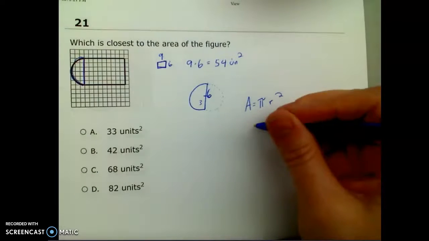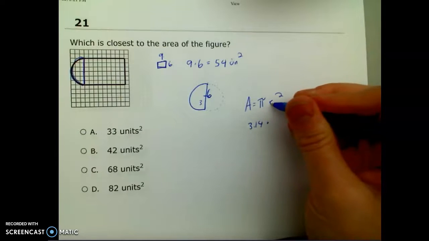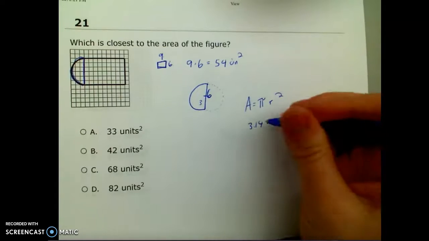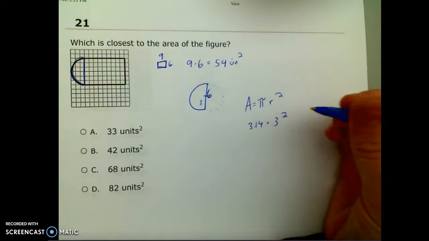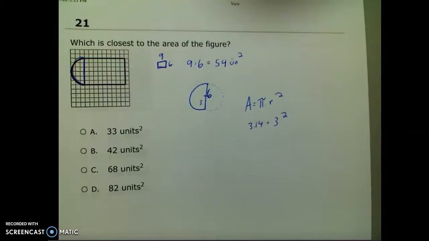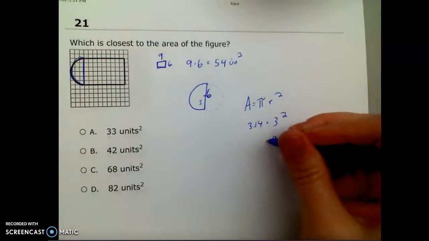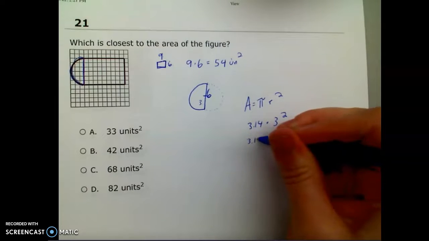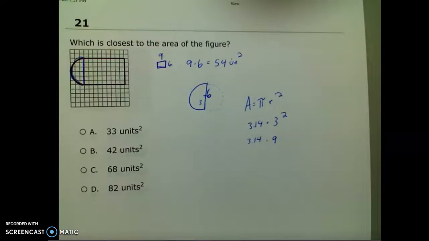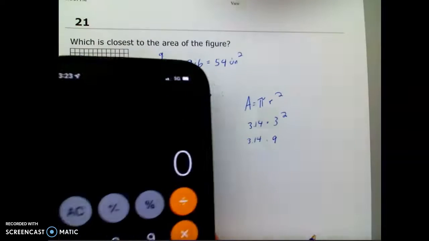Okay, here we go. So I have pi times my radius, which is 3, squared. Now I know that 3 times 3 is 9. So I'm going to take that 9 and multiply it by pi.